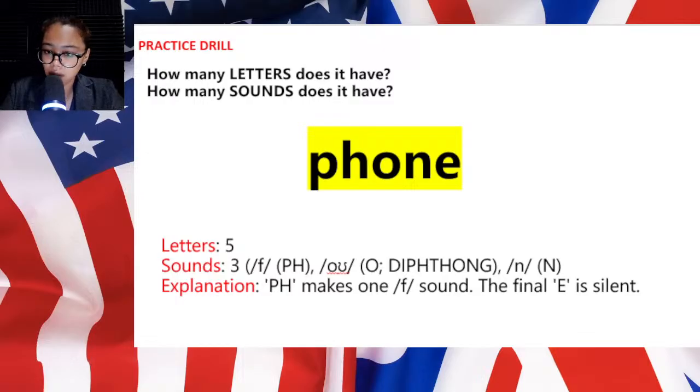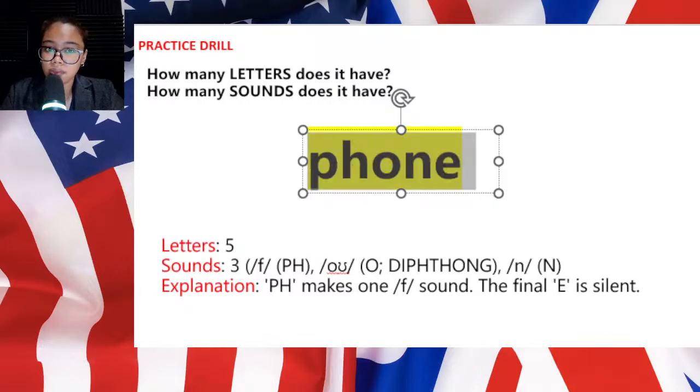What if you don't know the pronunciation and you assume the word is pronounced phony? Then of course you're going to say there are five letters but four sounds: F, that's one, O, second one, N, third one, and E as the fourth one.